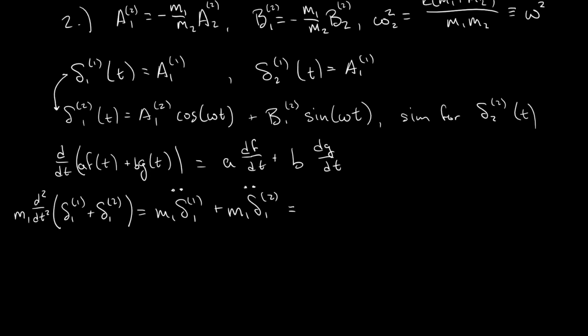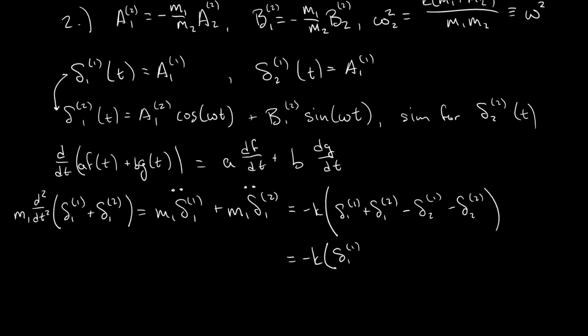But remember, I have to also add everything on the right-hand side, which is going to look something like k times delta 1 1 plus delta 1 2 minus delta 2 1 minus delta 2 2, which I can rewrite as k times delta 1 1 minus delta 2 1 plus k times delta 1 2 minus delta 2 2.